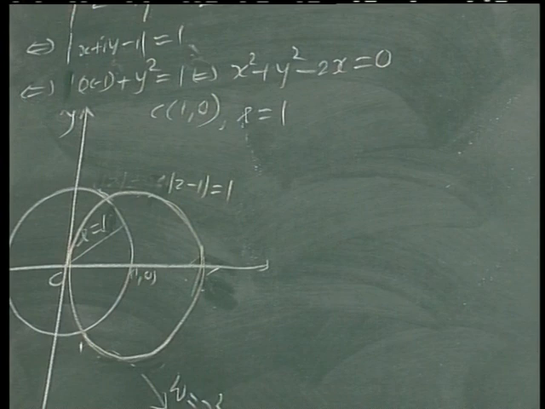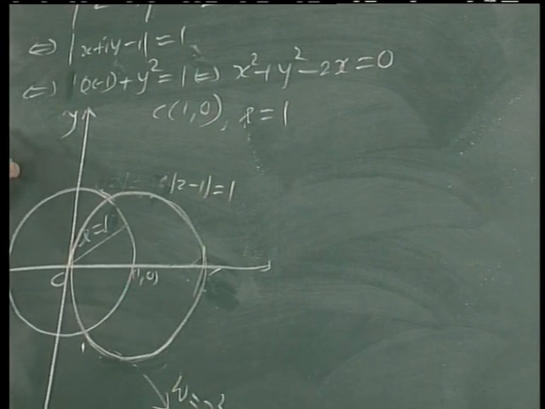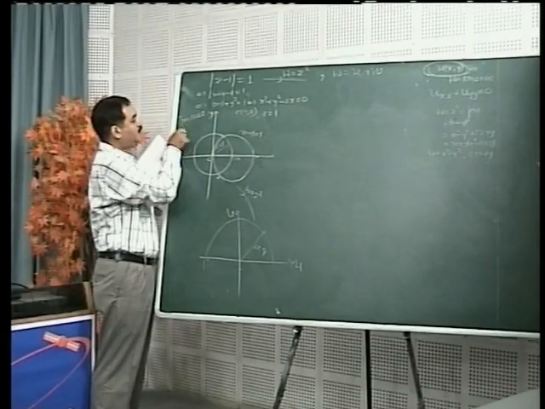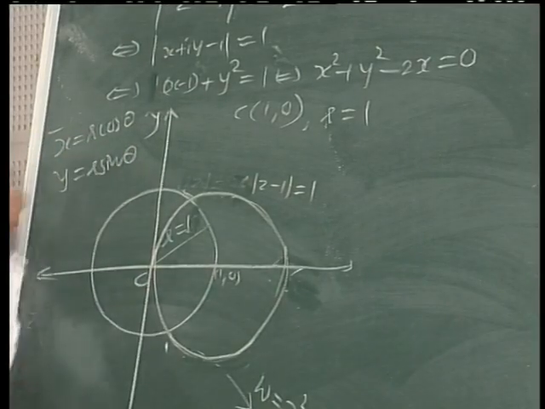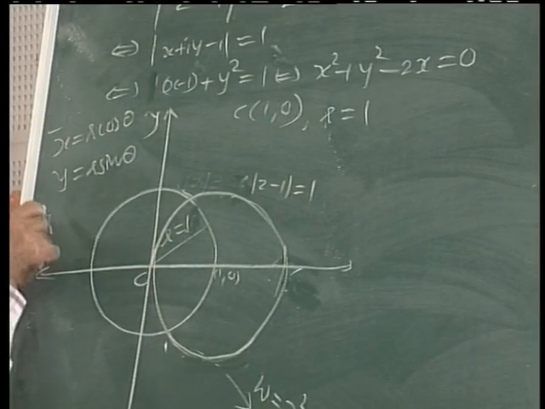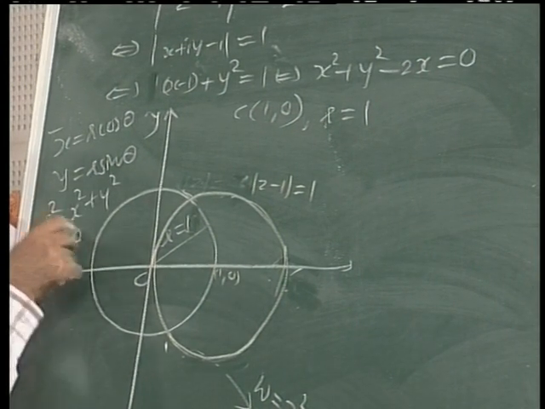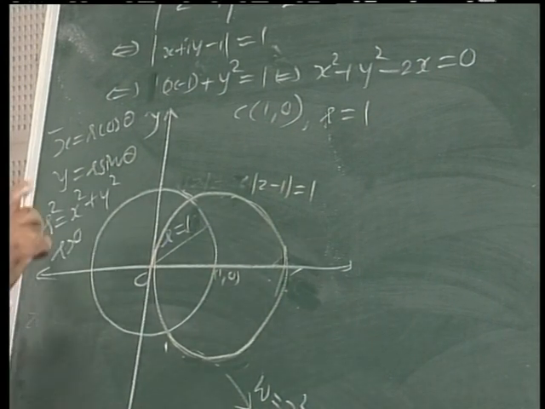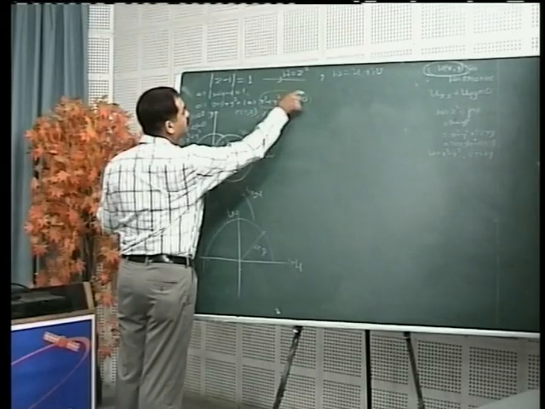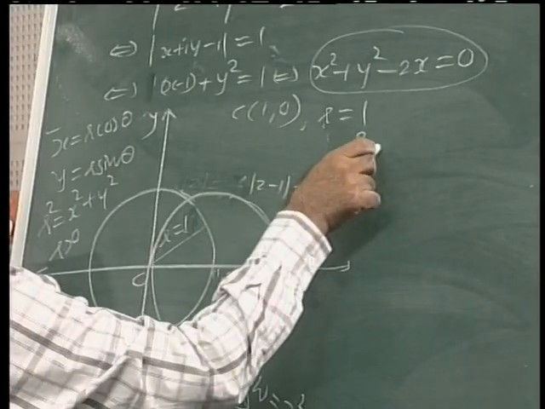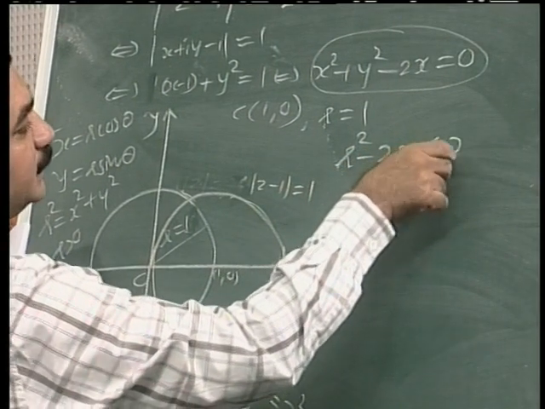We get into polar form, that is put x is r cos theta, y is r sin theta. So we know that r square is x square plus y square and r is always positive, r is greater than 0. So this circle is r square minus 2r cos theta is 0.